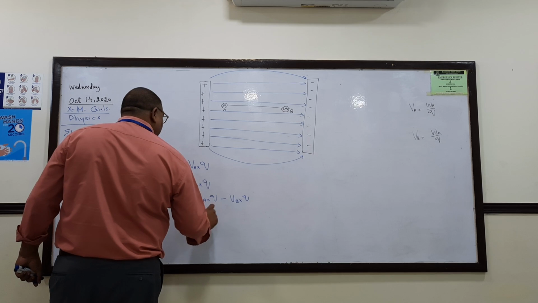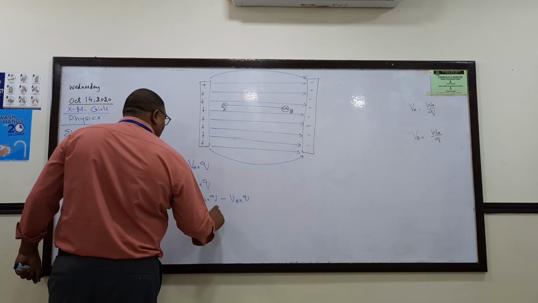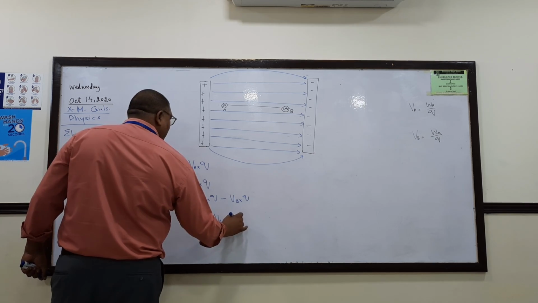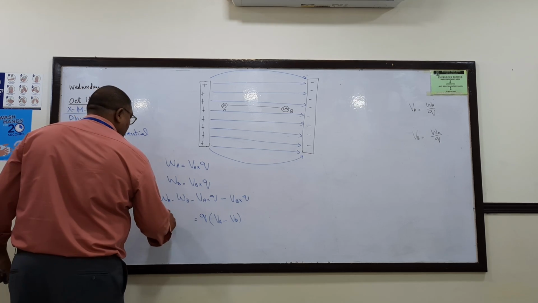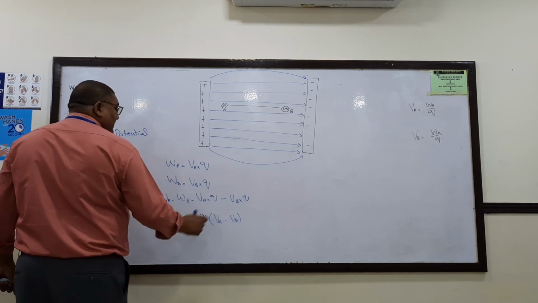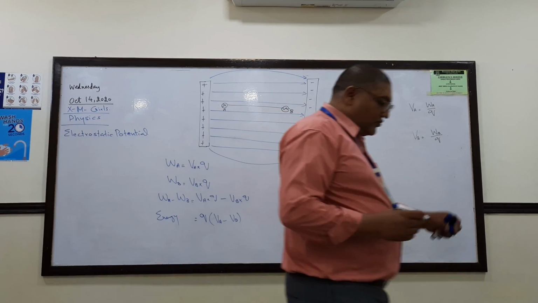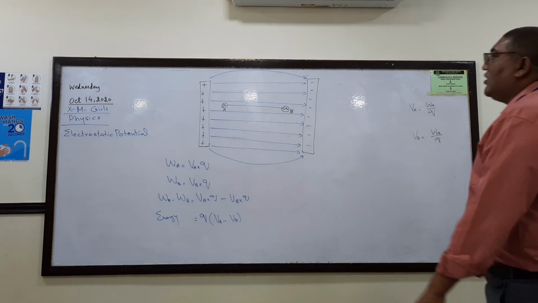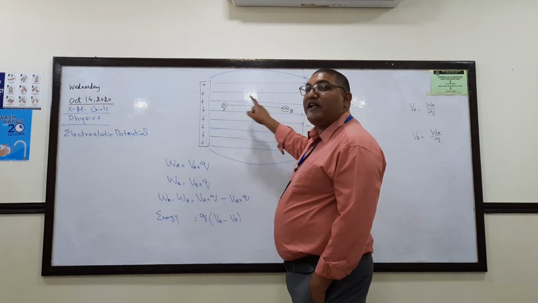So you can take the Q common and it will become VA minus VB. So this is the energy. So energy is equal to, so what does this represent? You see, when you move from point A to point B.